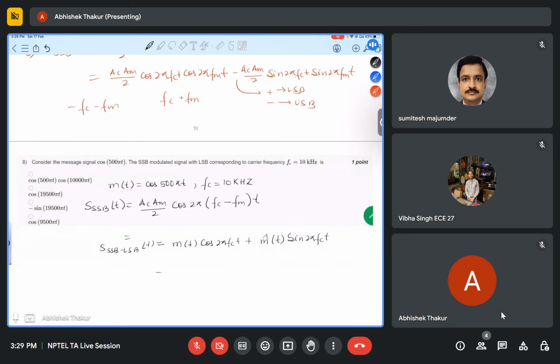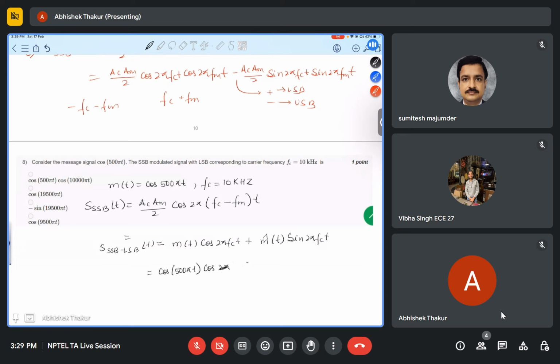So this will become m(t) is cos 500 pi t, cos of 2 pi fc t. fc is 10 kilohertz, so that will be 2 into 10, that is 20 kilohertz.